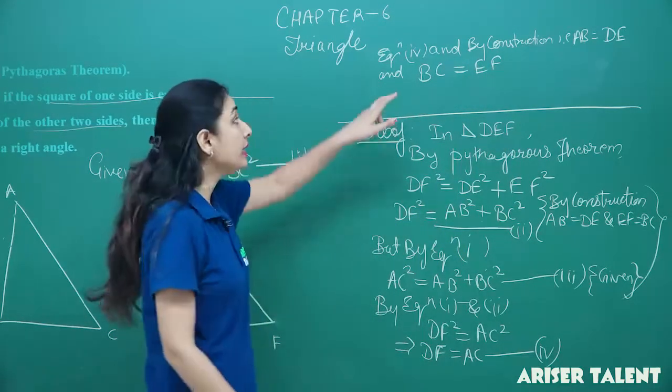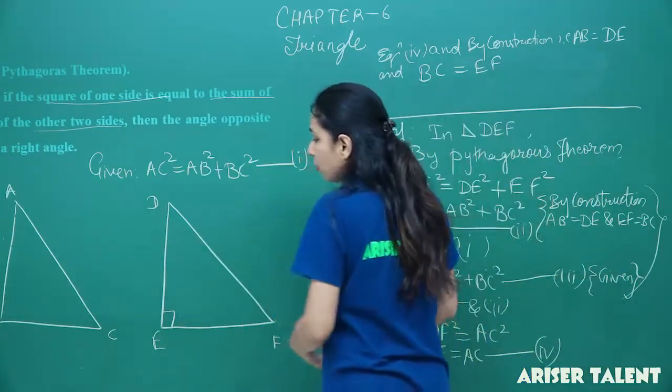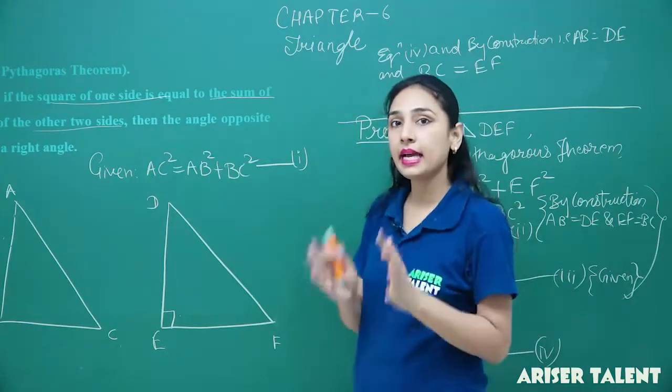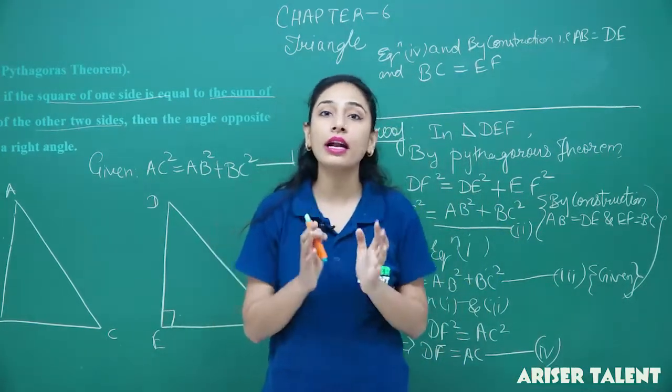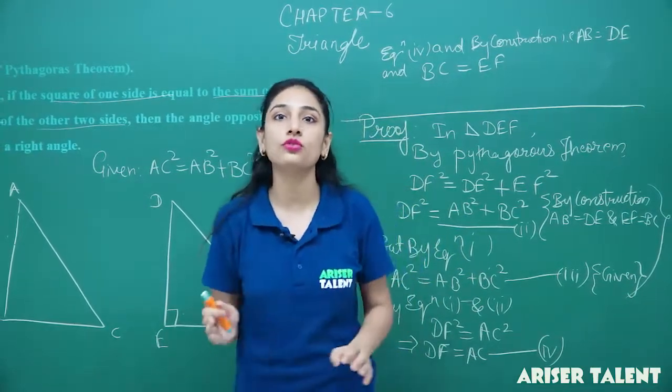This implies that these three sides BC, AB and AC equal DE, EF and DF. So, by side congruency, we have these two triangles congruent to each other, students, right?